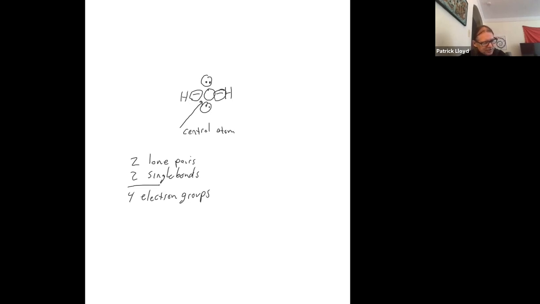Okay, so here's another example. That's formic acid. Let me finish the Lewis structure, make sure I got that complete. So let's consider from the perspective of this carbon, how many electron groups it has.